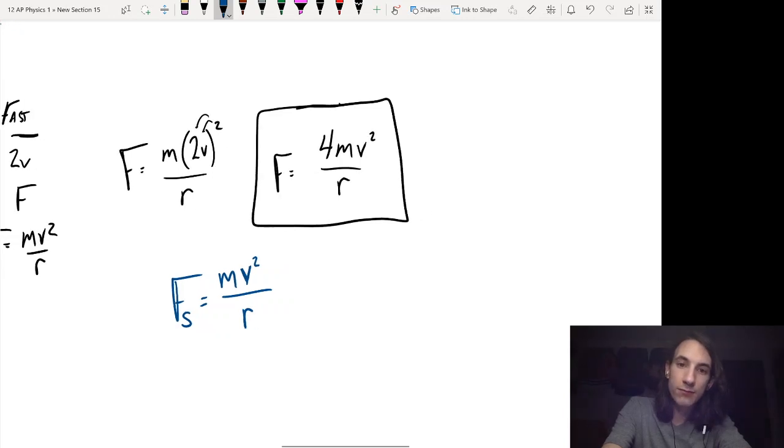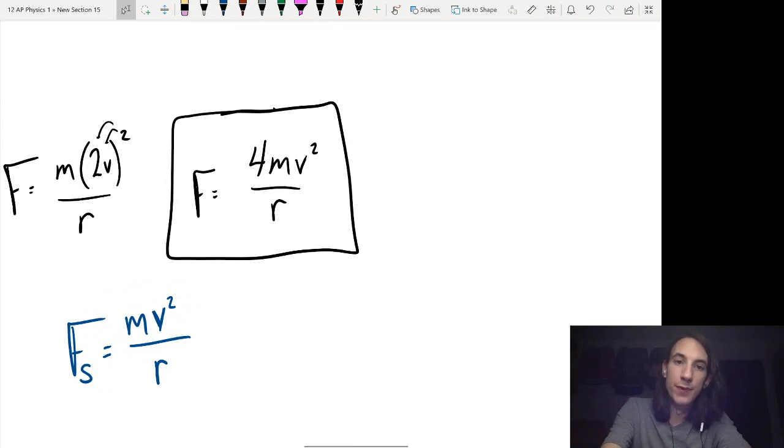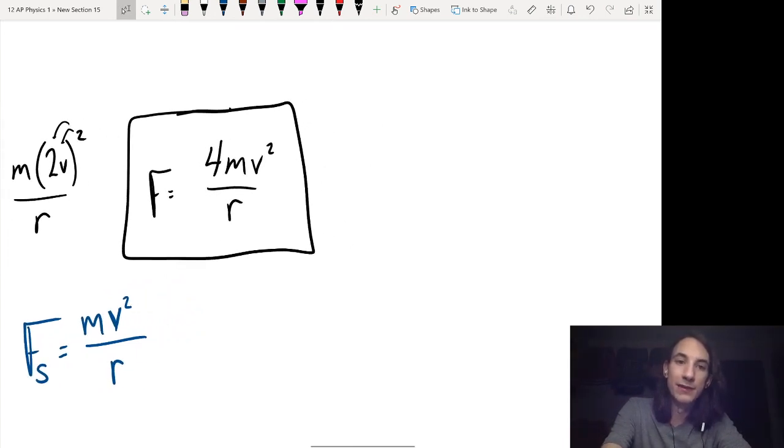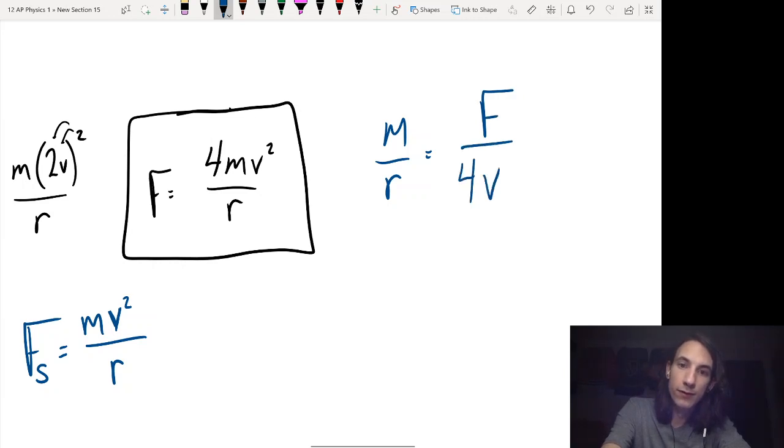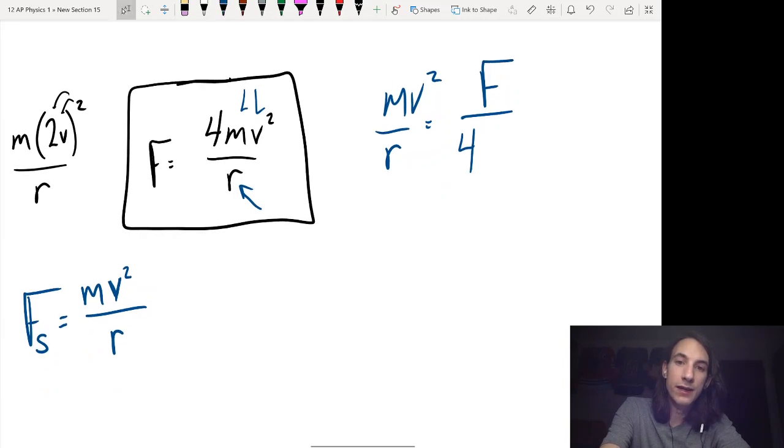If we want to do it a little more mathematically, we can manipulate things a bit and set up a situation that says mv squared over r is equal to some fraction of F. We can do that because m is the same, v is the same number, and r is the same.